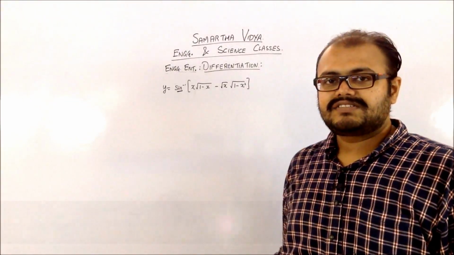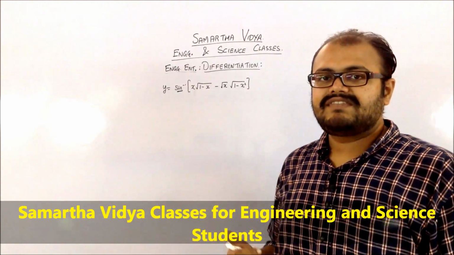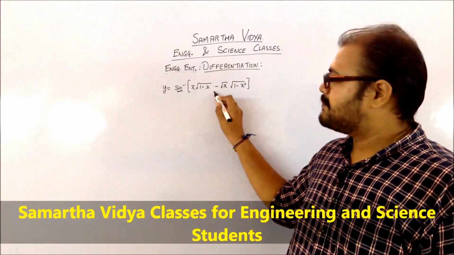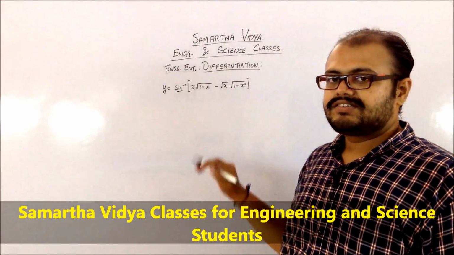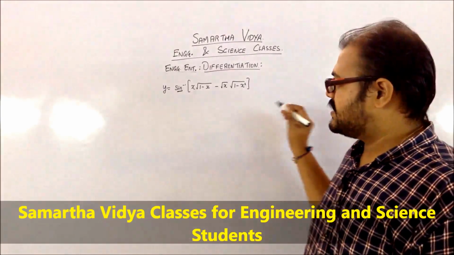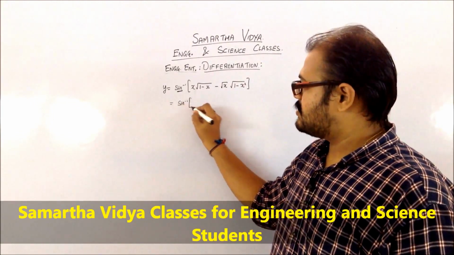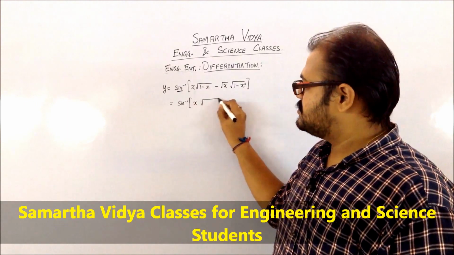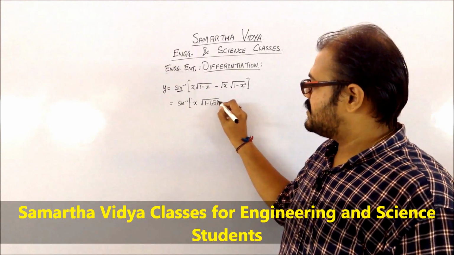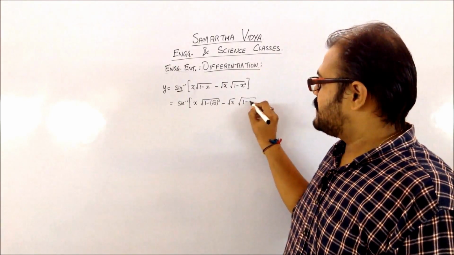So what you can do is, if you can just recollect the formulas which are related to sine. If you have a sine of a minus b, that is going to be sine a cos b minus cos a sine b. So you need to have something sort of a thing in this. So what you can do is, you can just rewrite this term as your sine inverse of x into 1 minus, you can write this x as root x square minus root x into 1 minus x square.